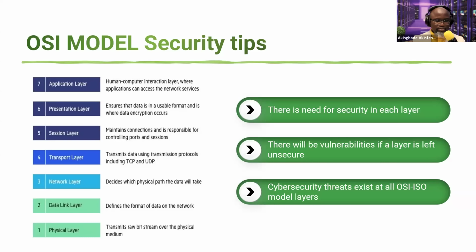The path the data will take. Okay, network. What about in terms of transmission of the data? Transmission of the data, movement of the data. You'd agree it's the transport, right? We are moving the data, so that will be the transport layer. Okay. Where do humans interact? Perfect.